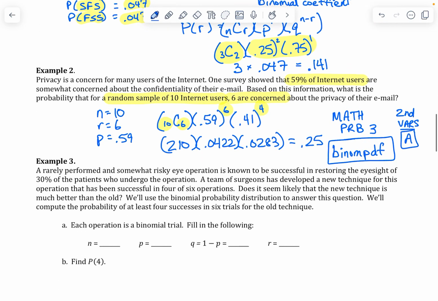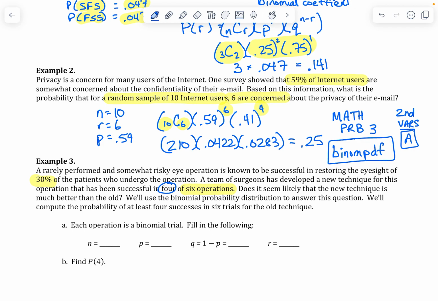All right? So in this example, we have a scenario where you have a 30% success rate for an eye operation, okay? And so we want to see that it's been successful in 4 out of 6 operations. So you have 6 operations, that's your sample. What's the probability that 4 were successes? Okay?